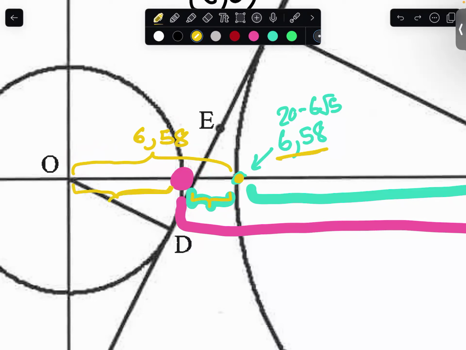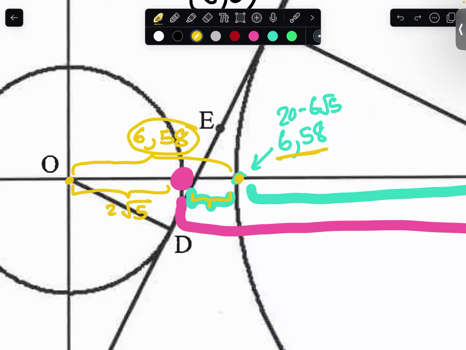And this small part is the length of the radius of the small circle. It's 2 root 5. This is the length of the radius of the smaller circle, 2 root 5. So it's 6.58 minus 2 root 5 to give me this part.